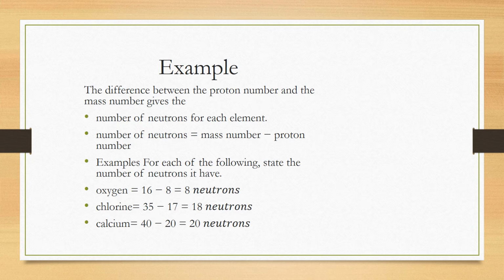For example, oxygen: to find the number of neutrons, you simply say its mass number, which is 16, minus 8, which is the proton number, you get 8 neutrons. Chlorine has a mass number of 35, so 35 minus 17 protons, you get 18 neutrons. Same applies for calcium. Calcium has a mass number of 40 and the number of protons is 20. So 40 minus 20, you remain with 20 neutrons.